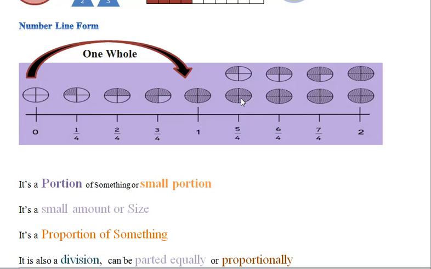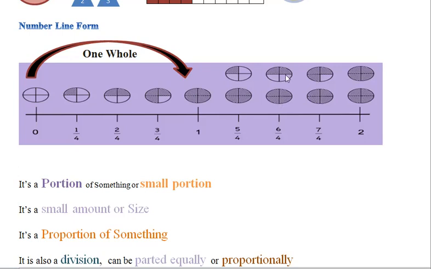Next, if we have 6 upon 4 as a fraction, then we will say 1 whole, 4 out of 4. That is 1 whole. 4 upon 4 is 1 whole, plus 2 upon 4. So 4 plus 2 upon 4 has been used over here, which makes 6 upon 4.